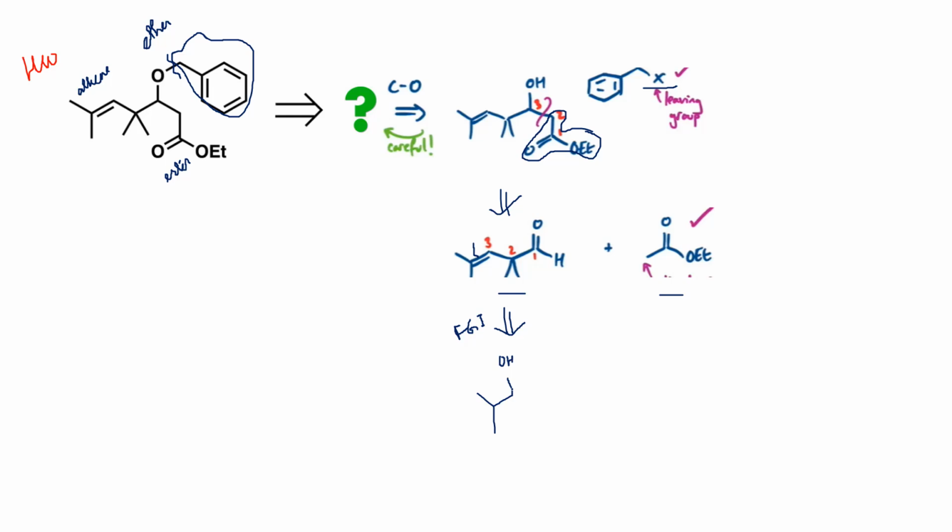Now you can see this compound is quite similar to it. Whenever there is a 1, 2, 3 functionalization, you can predict that this bond can be broken and there can be formation of an enolate. So if you break this bond, it will be an aldehyde.